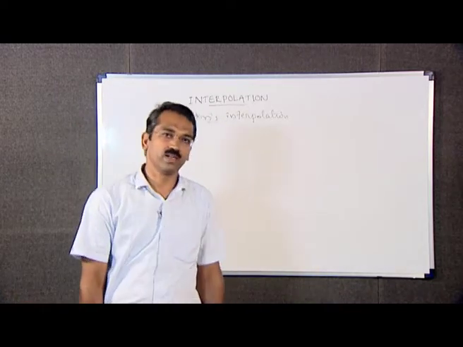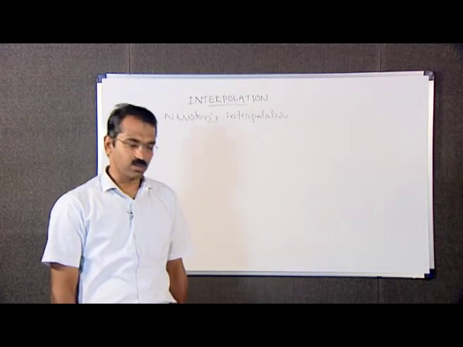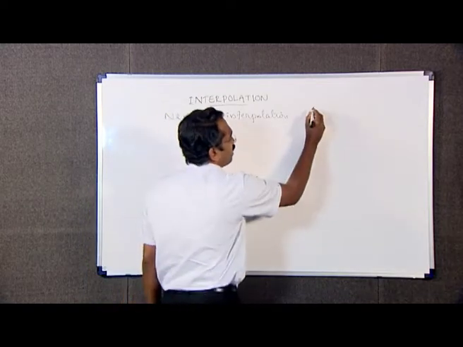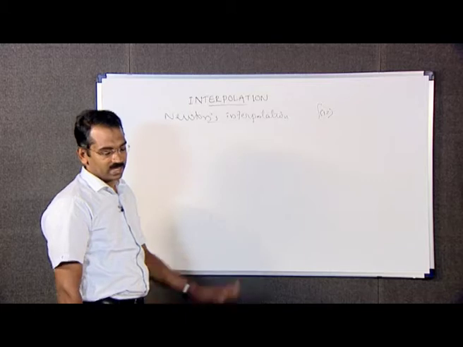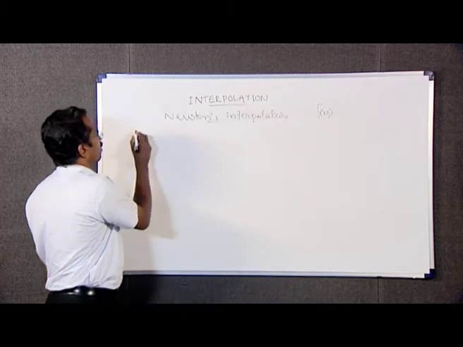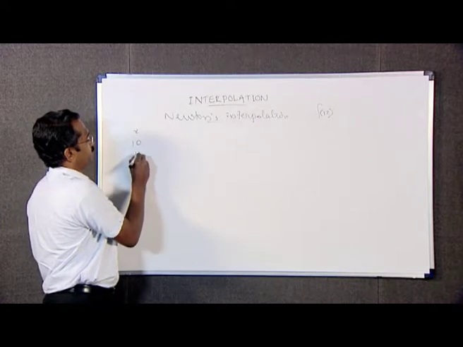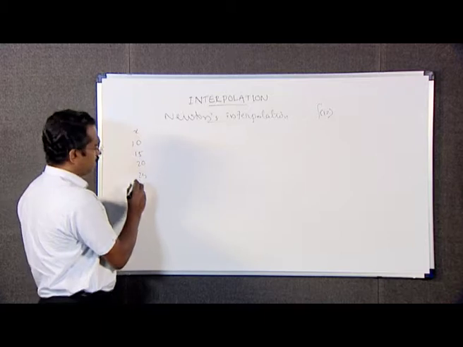Now, we have an example. The question is: obtain y, that is f of 12, from the given data. The values of x are 10, 15, 20, 25, 30 and 35.